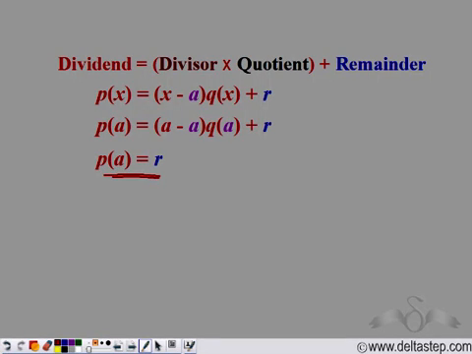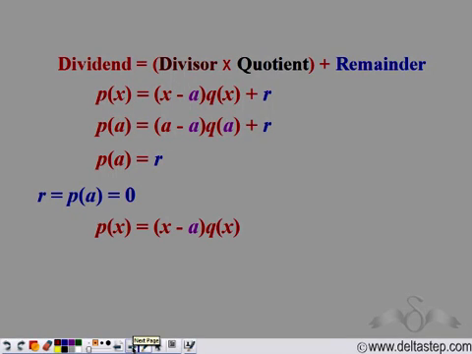Now if this remainder is 0, that is if we have r equal to p(a) as 0, then this part will be 0. So we'll have p(x) is equal to (x minus a) into q(x) because r is 0.